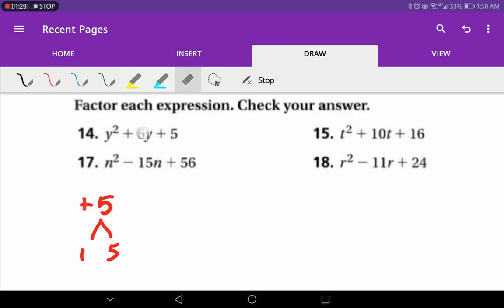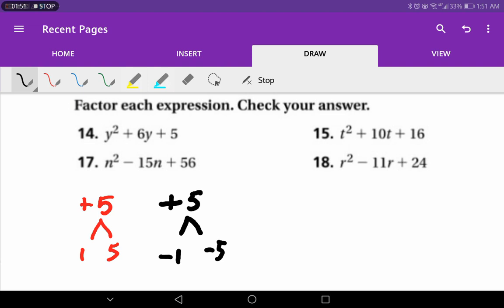Now positive 5 also we can get from where? Exactly, from negative 1 multiply negative 5. This is all the factors of positive 5.